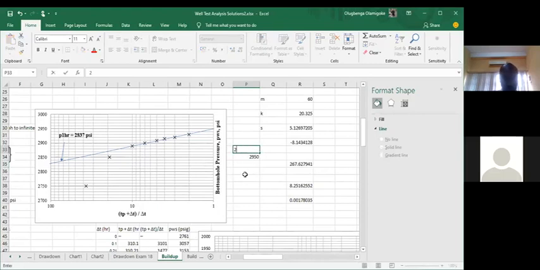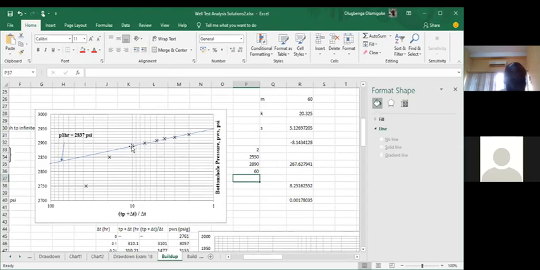So this is 2890. The difference between these two pressures is 60. So the slope of this graph is 60 psi per log cycle. Let me go over it again, and let me use a different log cycle here.